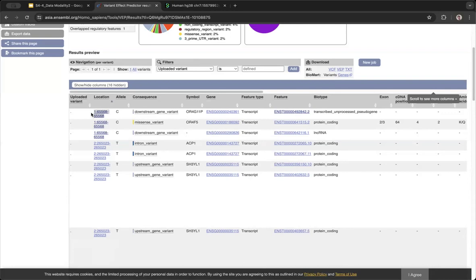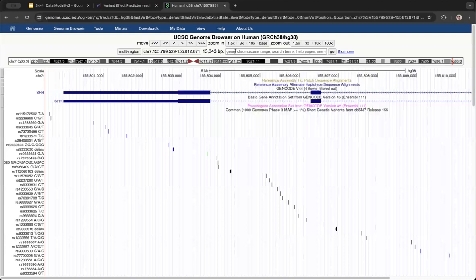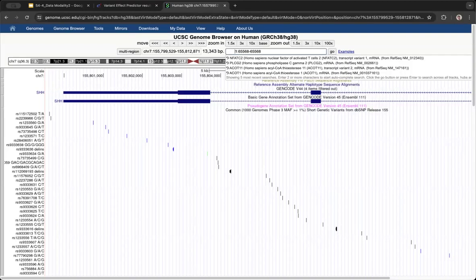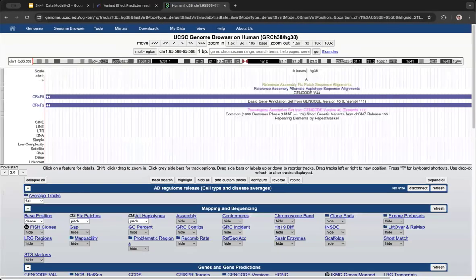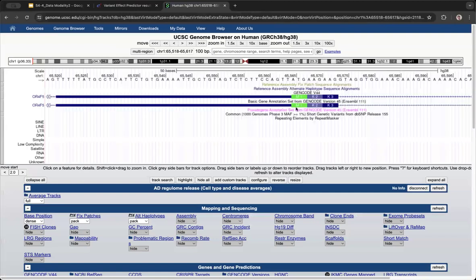So if you go to the site in a genome browser and click that, let's zoom out 100. So this is the position. The first position, this is the methionine, I guess.